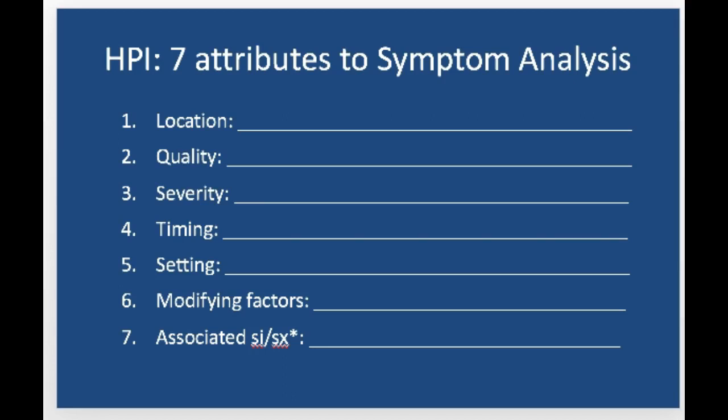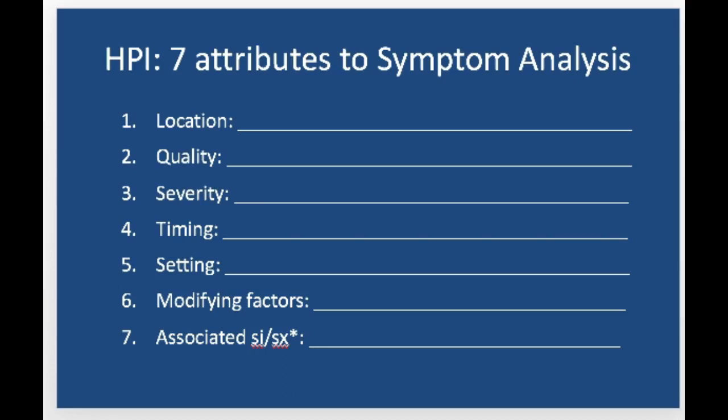The severity and the quantity, on a pain scale, could be mild, moderate, severe, or a pain scale of 1 to 10. I like to put things in terms of functionality. So if a patient's complaining of shortness of breath, I ask them, are you able to walk and do your daily activity, your activities of daily living? Are you able to go check the mail? Are you able to walk up the flight of stairs to your room?